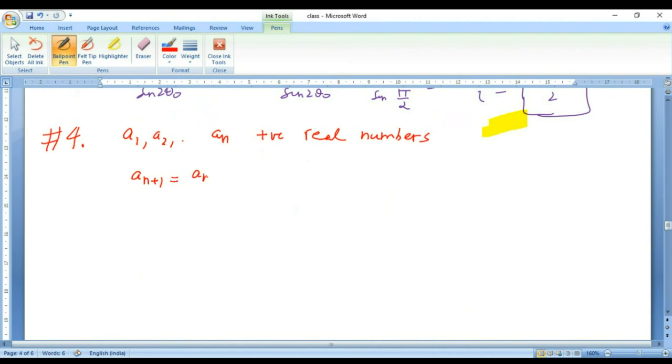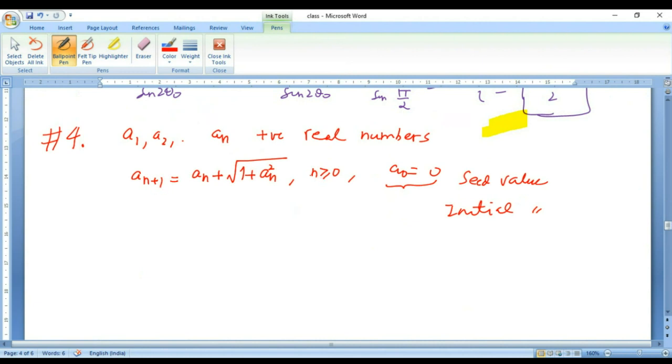So an plus 1 is an plus square root of 1 plus an square, n greater than or equal to 0, and a naught equals 0. So this seed value, or initial value, is defined, and recursion starts from 0 onwards.